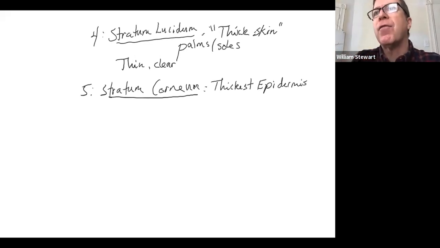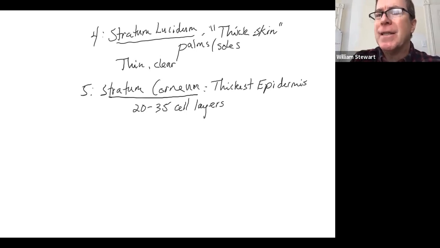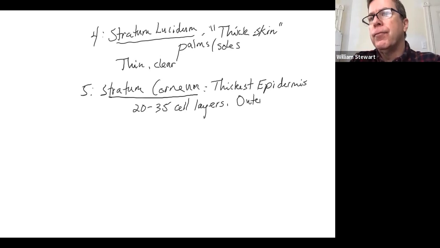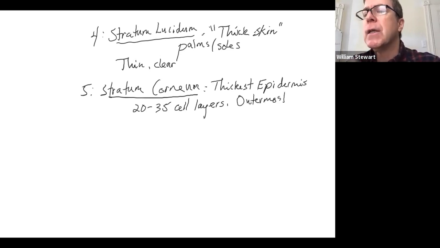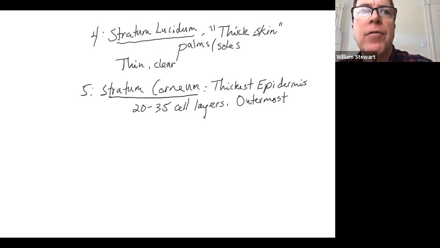It can be anywhere from 25 to 35 to 40 cell layers thick. So I'm just going to write 20 to 35 cell layers. It's the outermost layer. We are constantly losing this layer of skin. Millions of cells come off of our body every day.